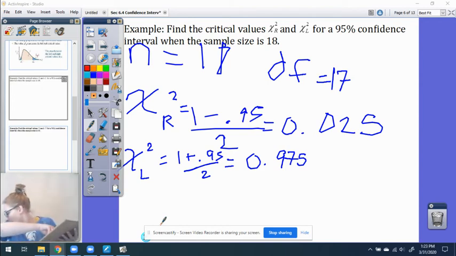So in this case, 0.025 and 0.975, and you're going to go down to match your degrees of freedom, which in this case is 17.